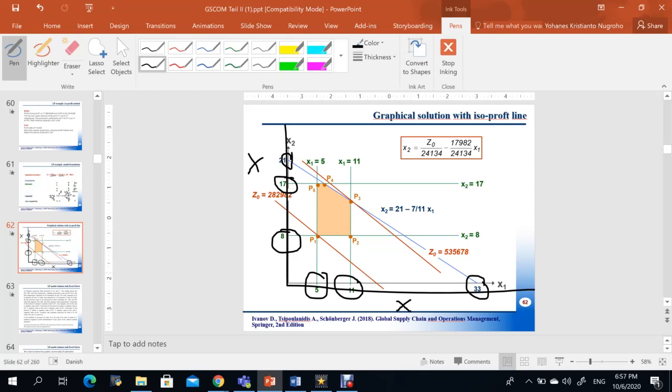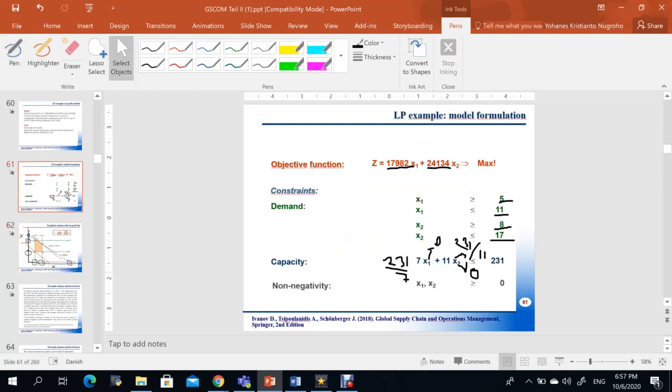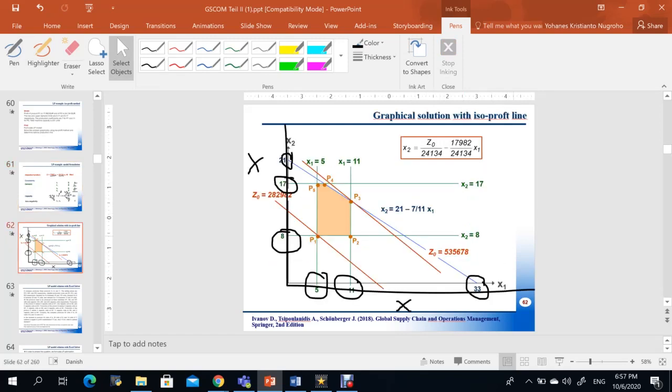We need to calculate the objective function, and therefore the isoprofit line, meaning that we have to find which corner point, we call these corner points P1, P2, P3, P4, and P5, gives the highest profit.